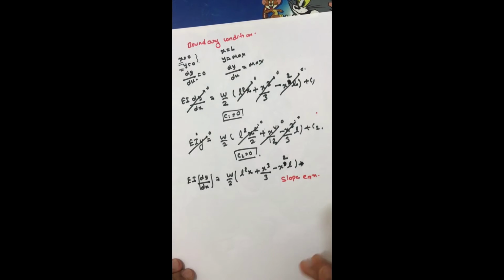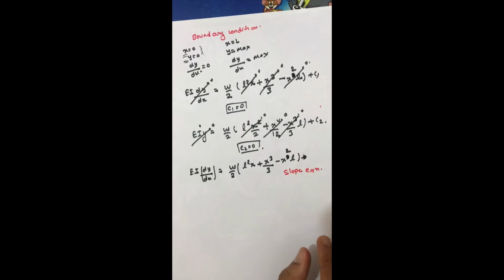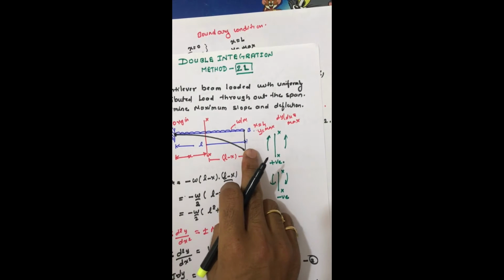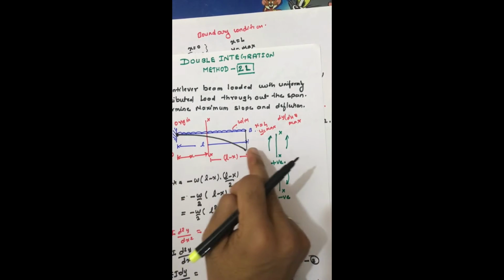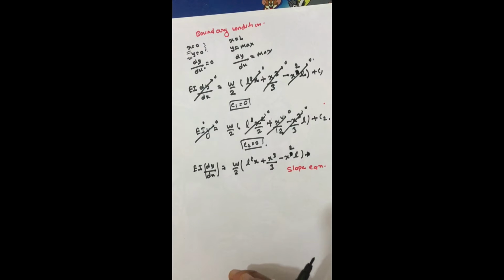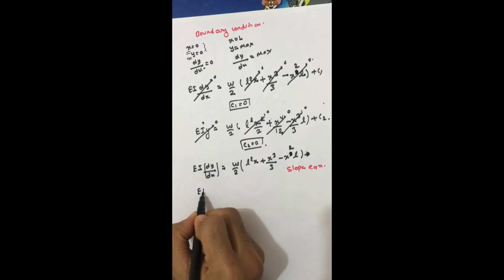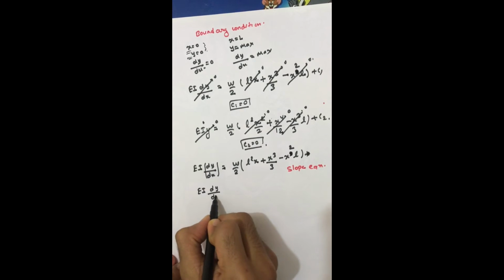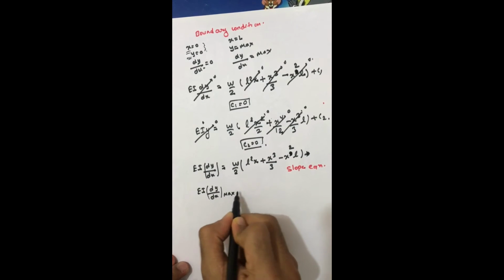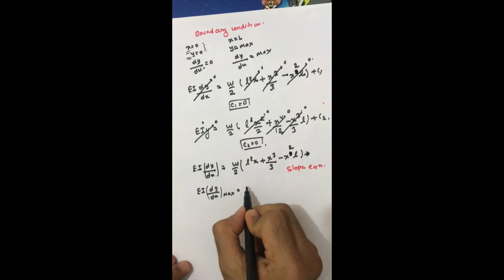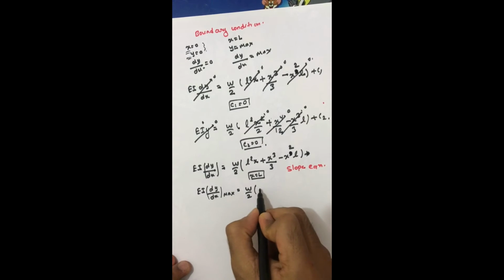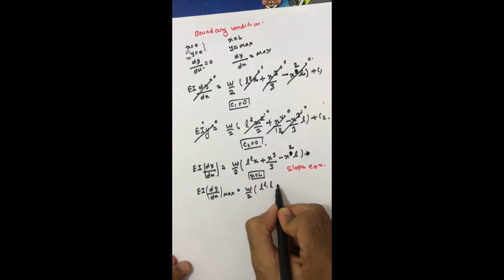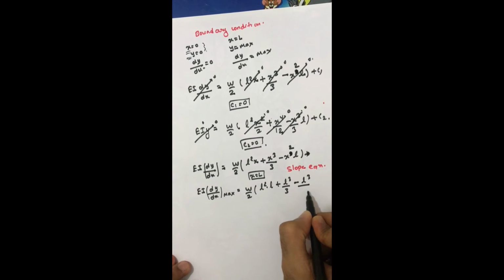Now I have to find the maximum slope, and slope will be maximum at x equals L, because at the fixed point it will be 0, as I have already discussed. So putting x equals L, EI dy/dx maximum equals w/2 times (L squared times L plus L to the power of 3 divided by 3 minus L to the power of 3).